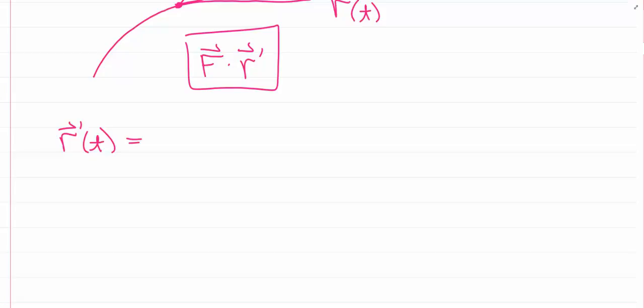Actually, let me do this a little bit differently. Okay, so let's suppose we've got our vector and we want to do dr dt.